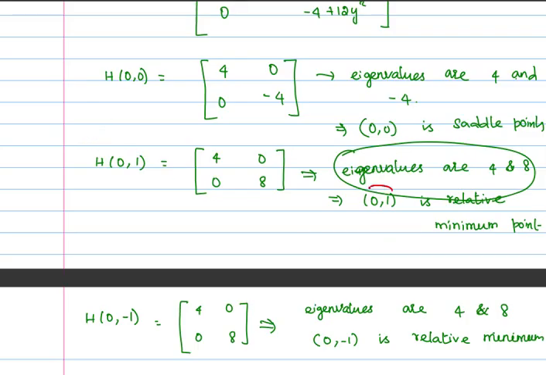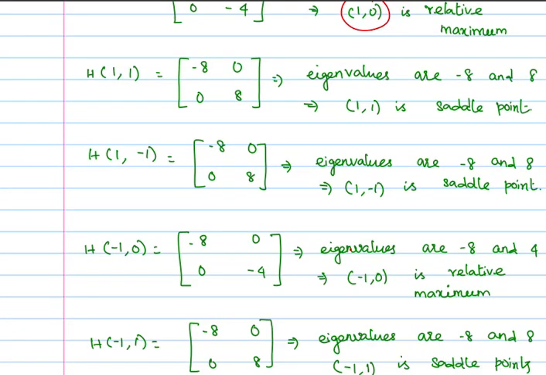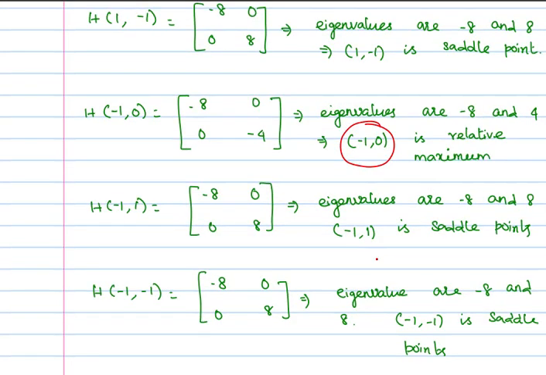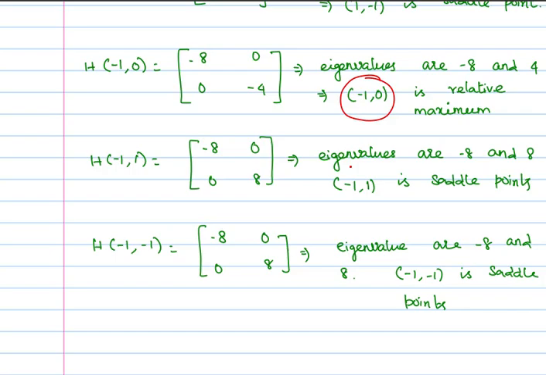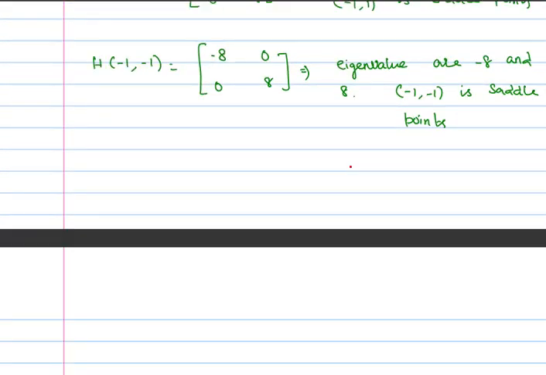So 0 comma 1 as the minimum will occur, and 0 comma minus 1, and 1 comma 0 is maximum, and minus 1 comma 0. So these 4 points are the relative maximum and relative minimum we get.